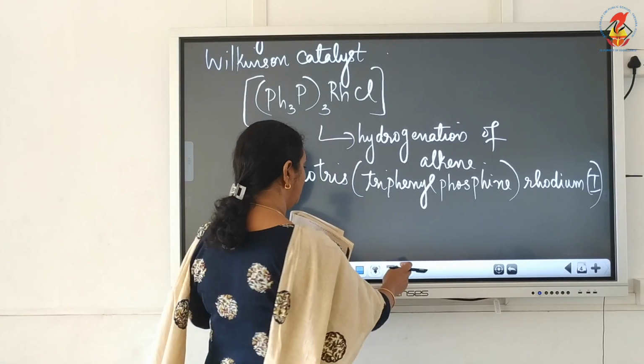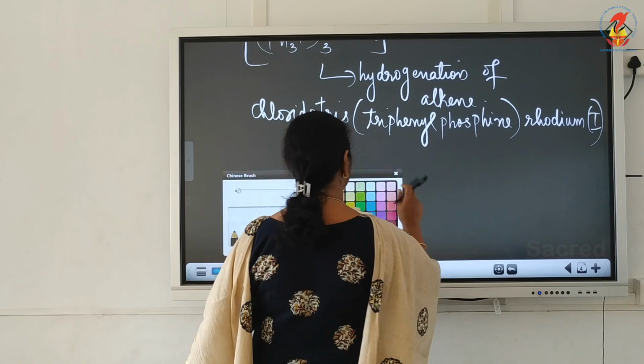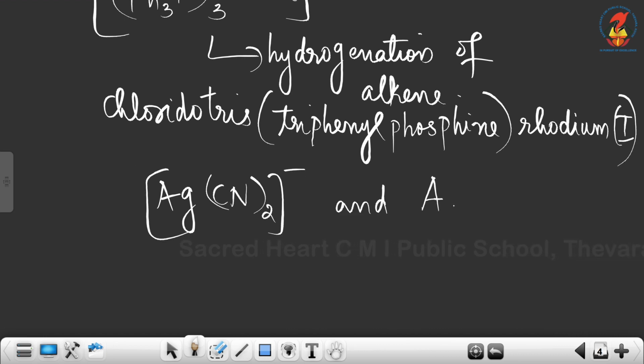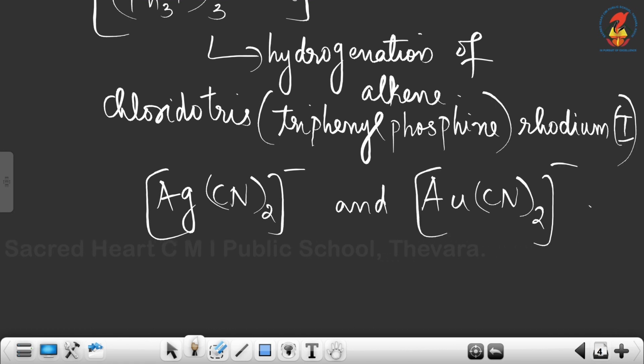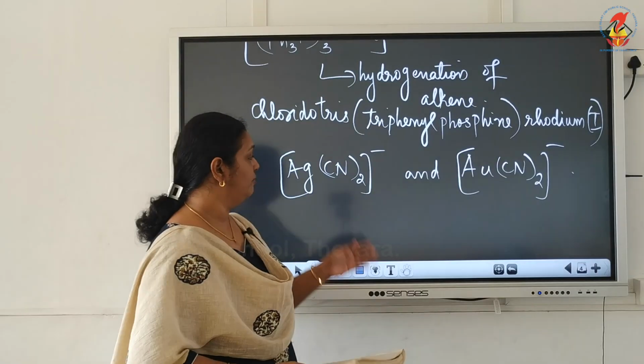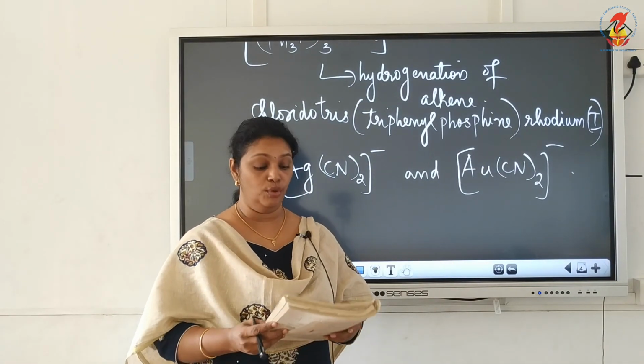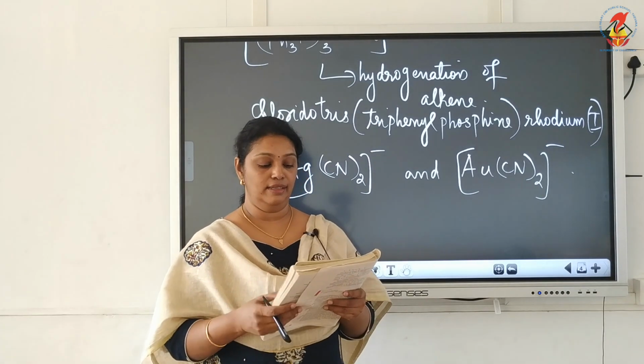The complexes of silver and gold used are [Ag(CN)2]- and for gold, [Au(CN)2]-. If you use these complexes for electroplating, then the electroplating will become smooth and easy.